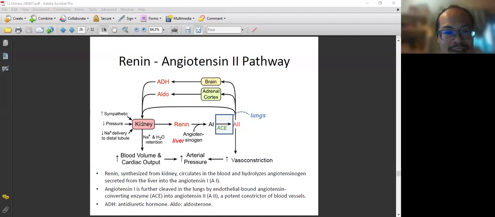You need to know the things that can trigger it to release, including the sympathetic system, the low blood pressure, and the low sodium delivered to the distal tubule. So that's the one we talked about right here, and that will trigger the kidney to release renin. And for this pathway, we probably will have the same quiz question or exam question again. But lucky you, you already know it. You're just connecting back to the earlier lecture.